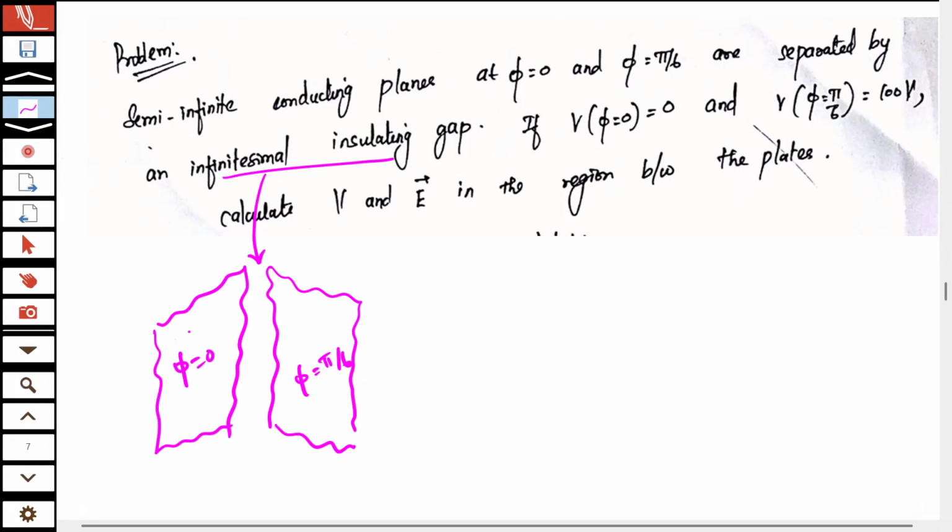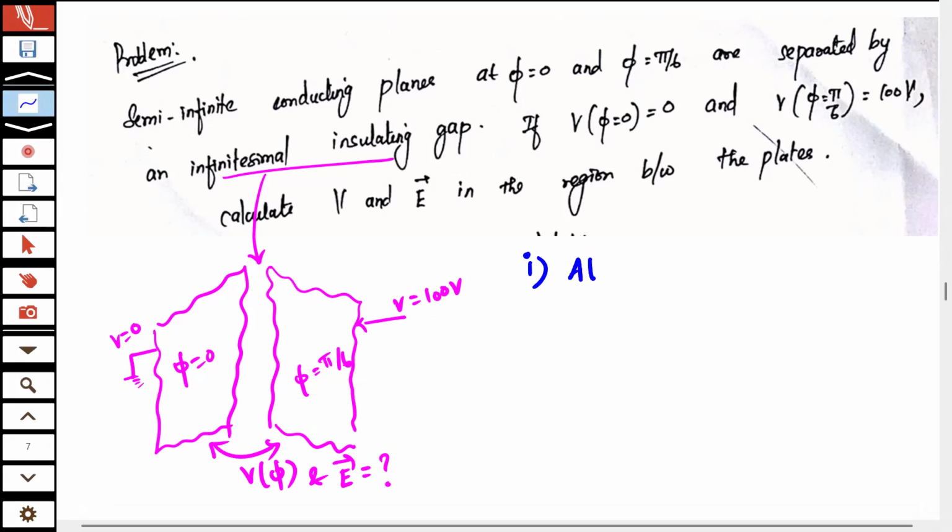Now, at this plate, phi equals 0, potential V is 0. This is grounded. And at another plate here, potential V is 100 volts. So between these two plates, we have to find potential, which is a function of phi, and electric field intensity vector.